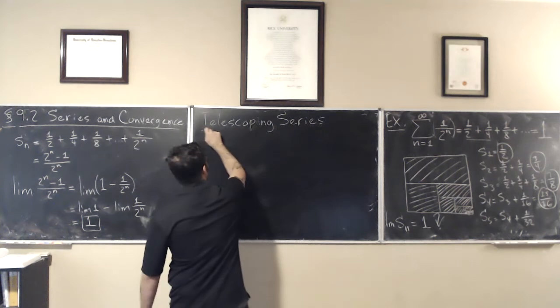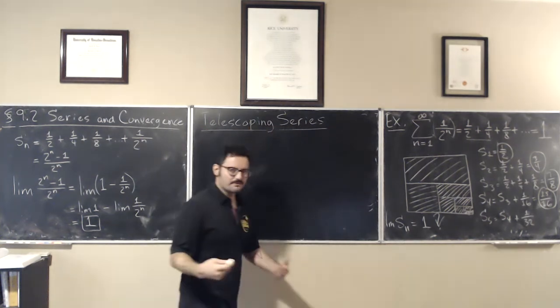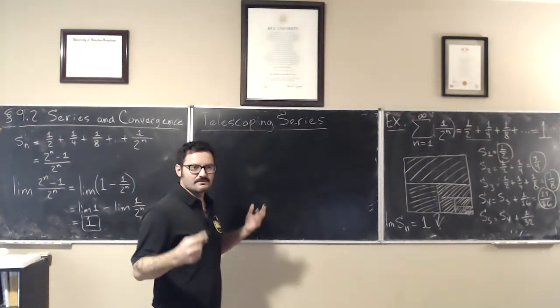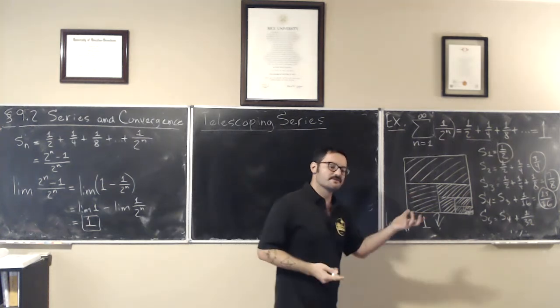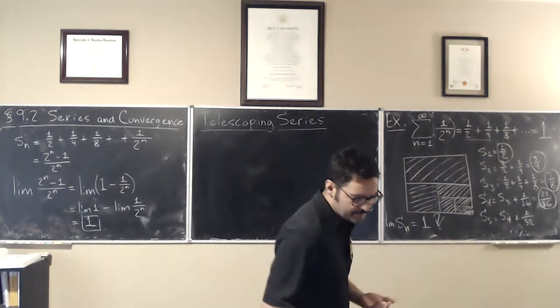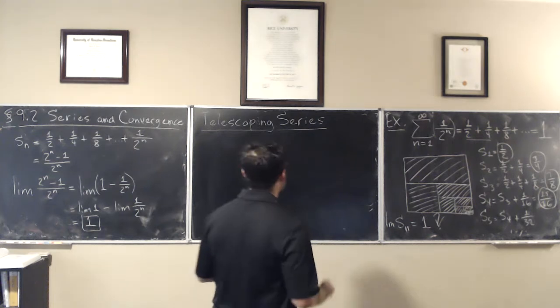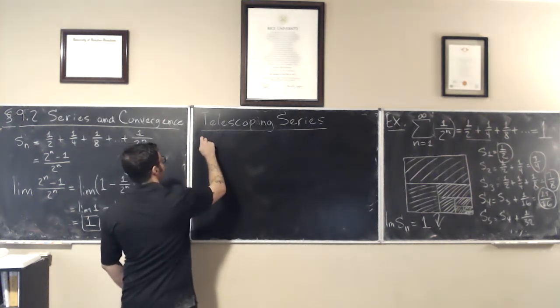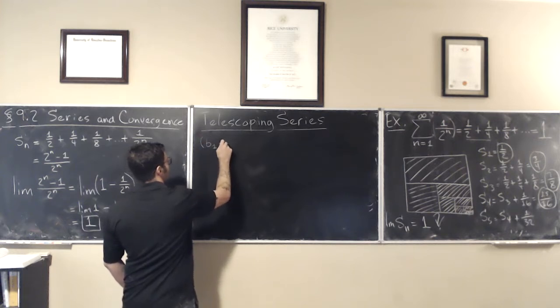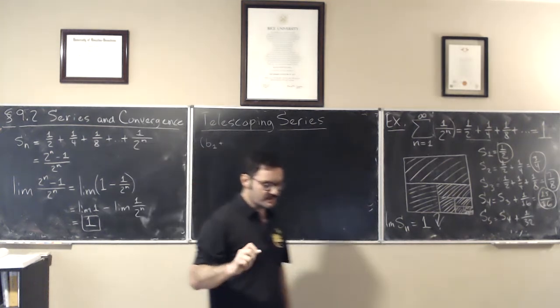And one of my favorites are telescoping series, because I've encountered them in research problems where I'm trying to figure out a pattern and I notice, oh, it's telescoping. What does telescoping mean? Well, it means that the series looks like this. Suppose you have, is it plus or minus should I use?